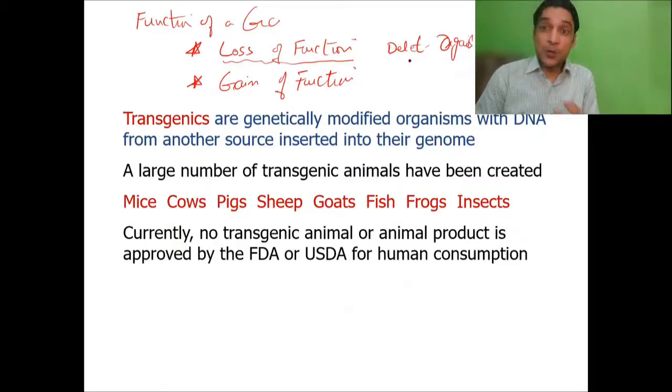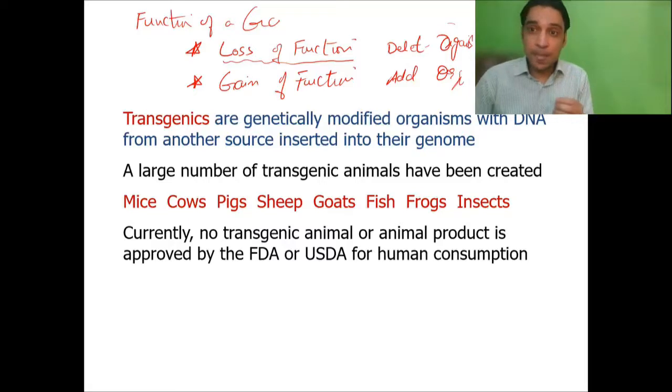That is how you are able to know how one gene is connected with that many functions, because in an organism, that gene is going to touch other things as well. Similarly, in the case of gain of function, you need to add that gene at the organism level, and then you might be able to understand the function of the gene.